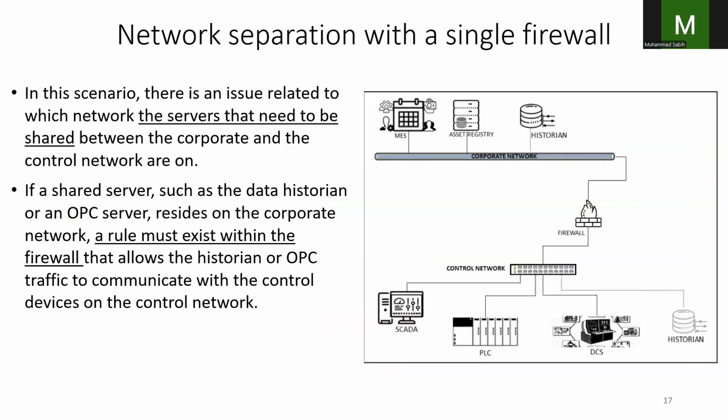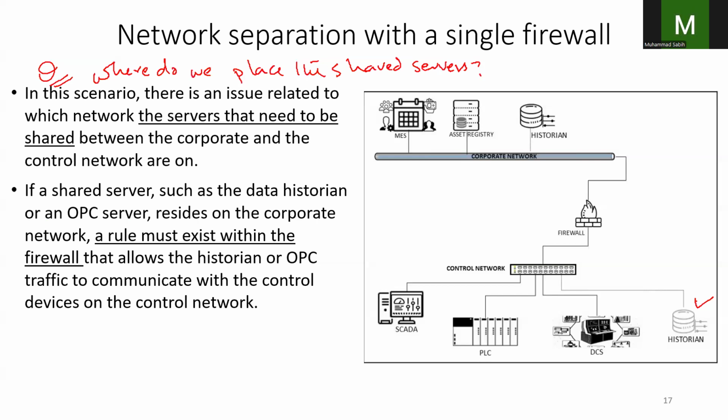But there is a critical issue when we use a single firewall. The question is, where do we place the shared servers? In many cases, servers like the data historian or OPC servers are shared between the corporate and control networks.